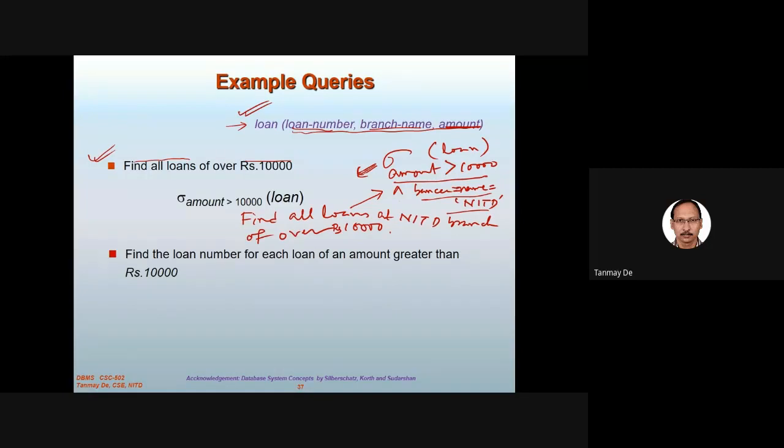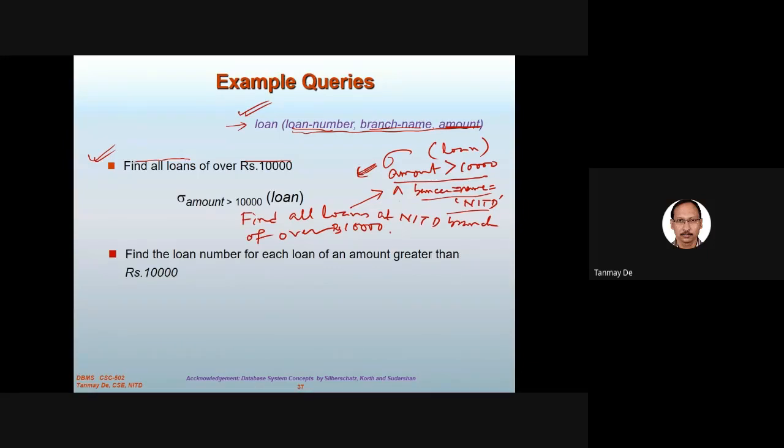So how do we do this? The project operation. We perform the project operation on the above query, on the sigma query, that is this portion.